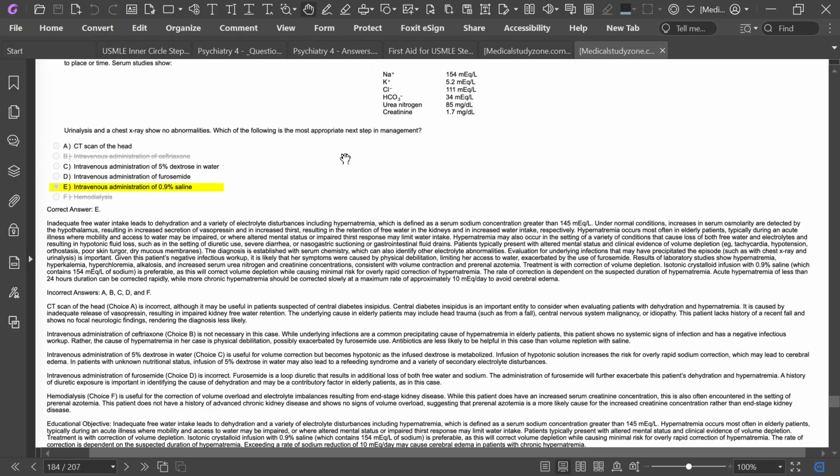The rate of correction is dependent on the suspected duration of the hypernatremia. Acute hypernatremia of less than 24 hours of duration can be corrected rapidly, while more chronic hypernatremia should be corrected slowly at a maximum rate of 10 milliequivalents per day to avoid cerebral edema.